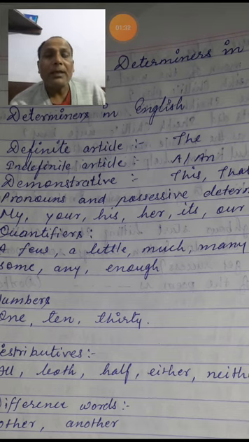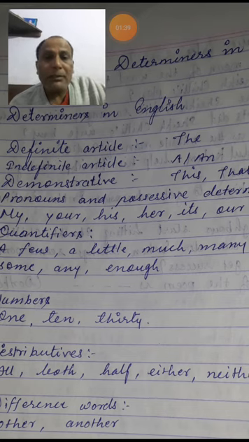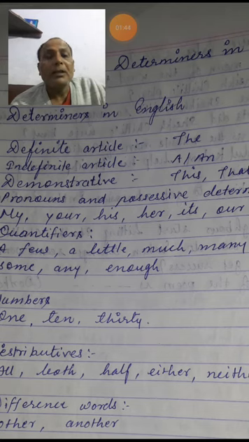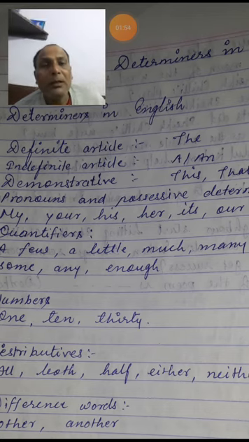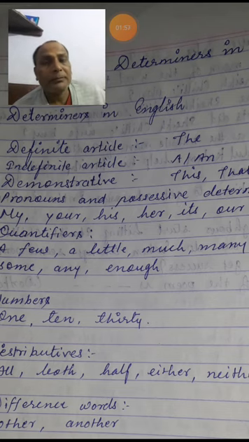So there are different kinds of determiners. In the first part, we study definite and indefinite articles. An article is a word used before any noun.